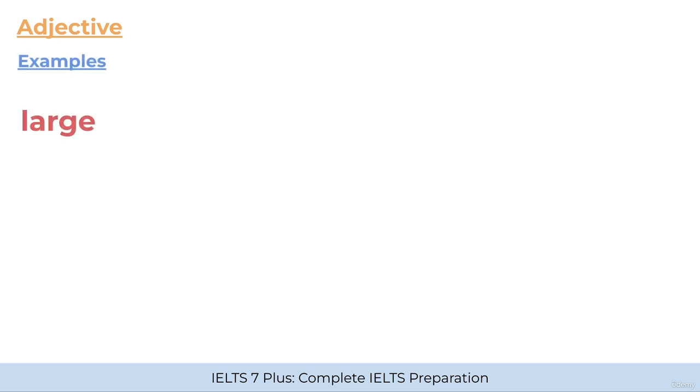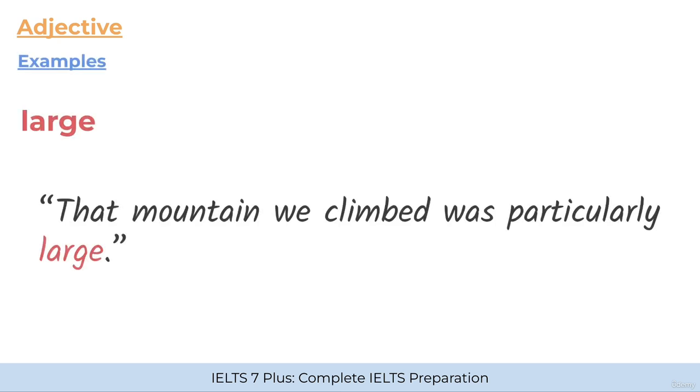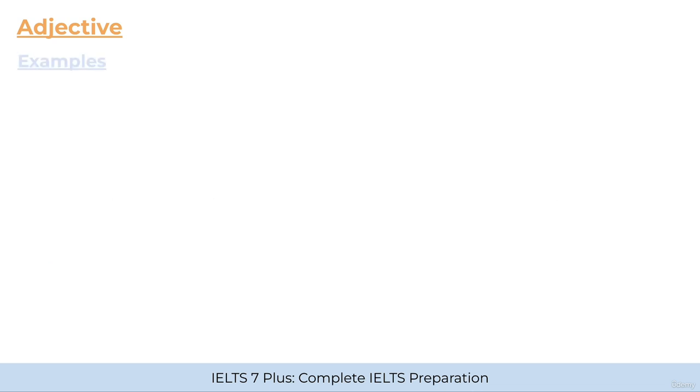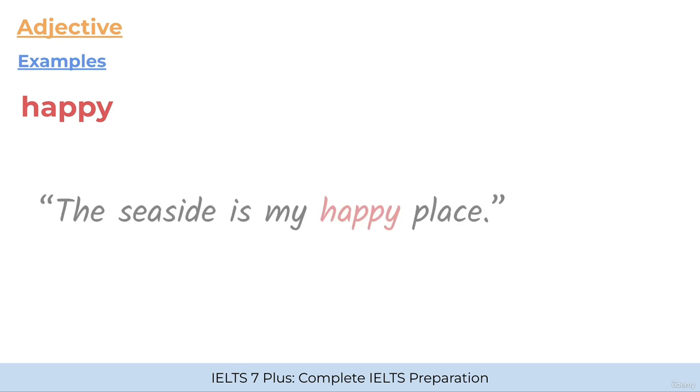Another example, large. That mountain we climbed was particularly large. So describing the size of something. In this case, a mountain. Happy is one that lots of people know and use. The seaside is my happy place.